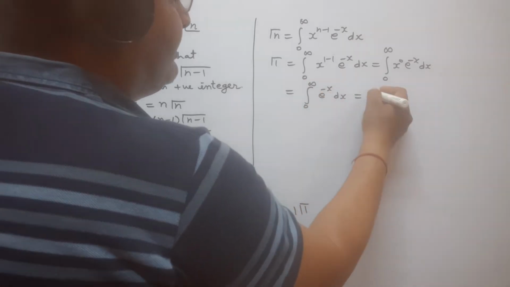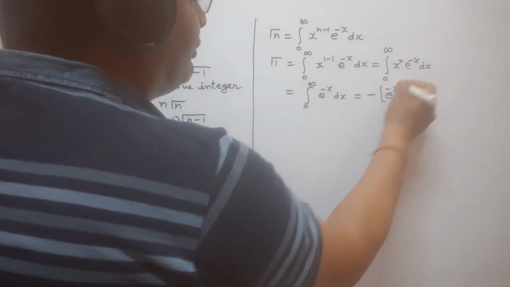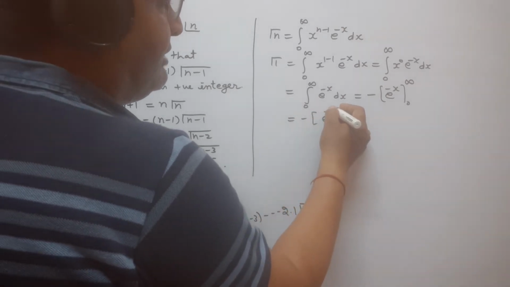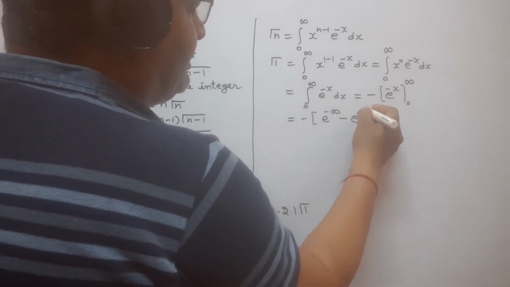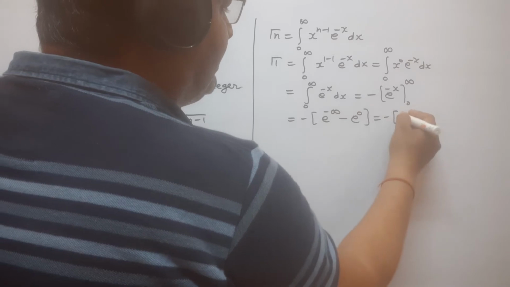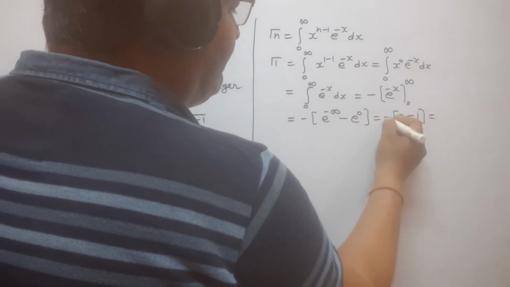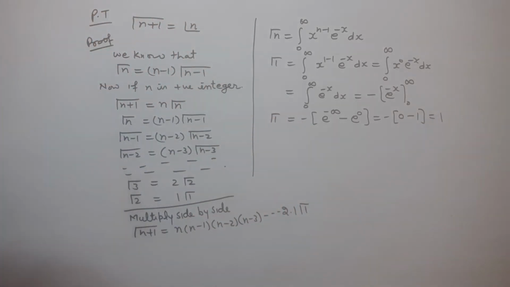The integration of e to the power minus x is minus e to the power minus x, with the limits 0 to infinity. So first we write the upper limit in place of x, this is e to the power minus infinity, minus the lower limit, this is e to the power 0. Here e to the power minus infinity is equal to 0 and e to the power 0 is 1, so gamma 1 is equal to 1 here.